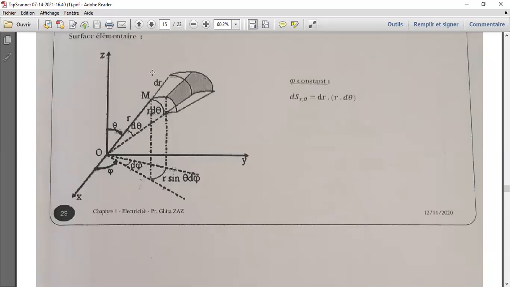In terms of a diagram, it just means that if you have a point M here, you can't move under this arc, which is the r sin theta d phi, since phi is constant.